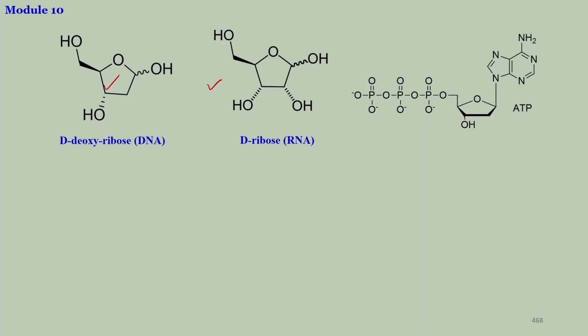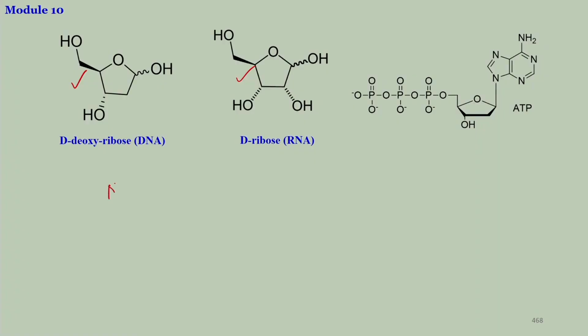Along with that, there are many coenzymes and enzymes that have a glycosidic part in them. There are many coenzymes such as NADP, nicotinamide adenine dinucleotide phosphate, FAD, flavin adenine dinucleotide, and so on.